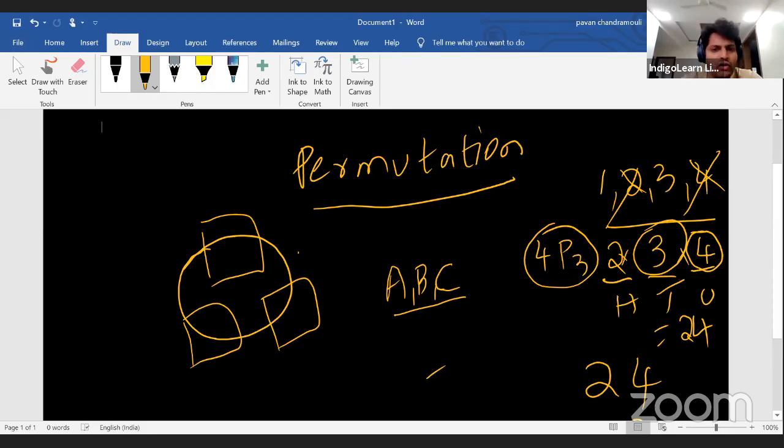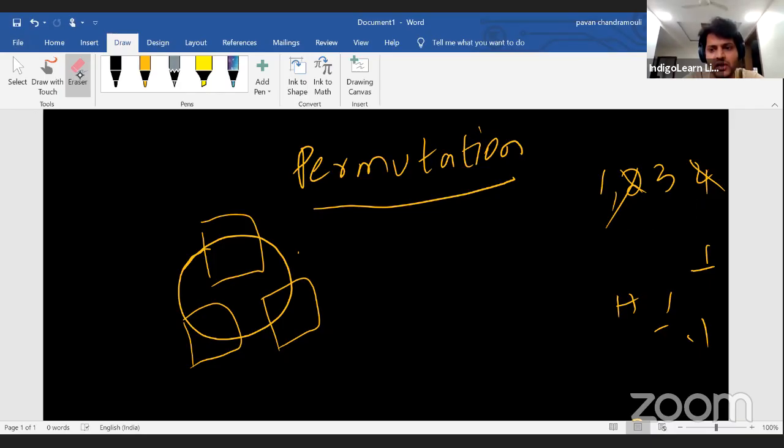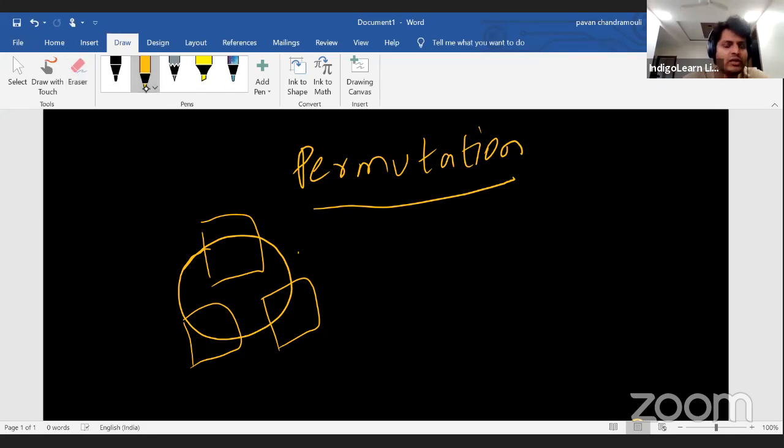And will the formula of nPr, which is n factorial by n minus r factorial, continue to hold good here? That is a question that you might have. So let me just answer it, guys. Please remember, circular permutations and linear permutations are completely different. So we may have to slightly modify our formula, guys. Let's learn how to do it.